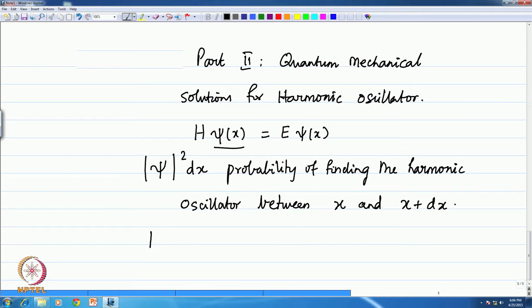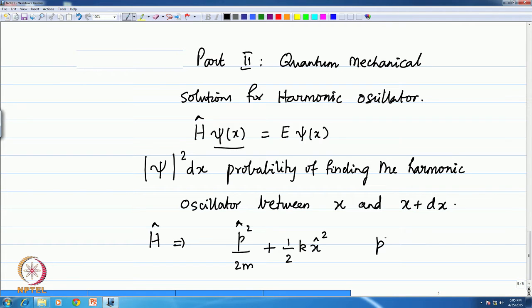The H is of course the Hamiltonian operator, and the Hamiltonian operator in quantum mechanics is obtained from the classical Hamiltonian, which is p squared by 2m plus half k x square, by changing the momentum to the operator, where x is the position operator.